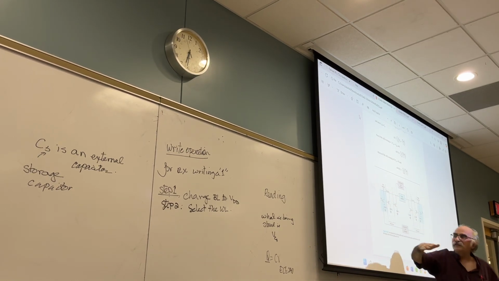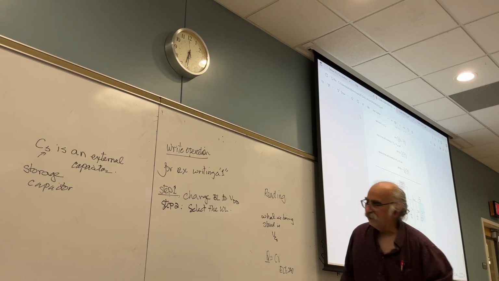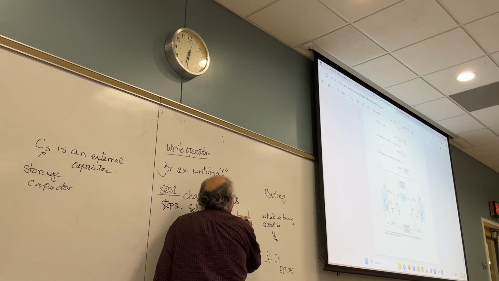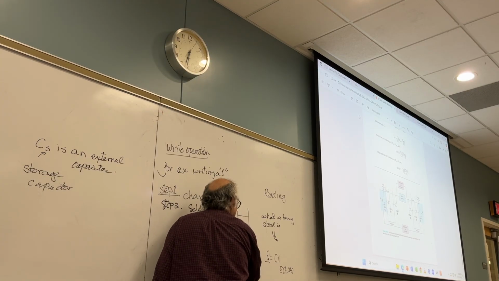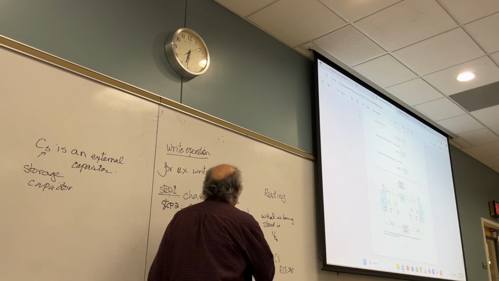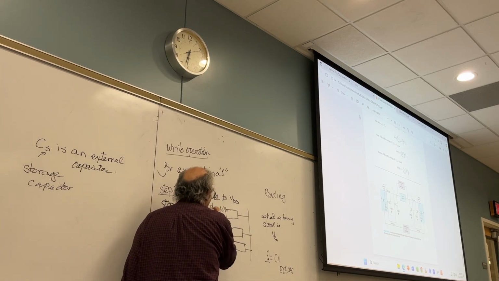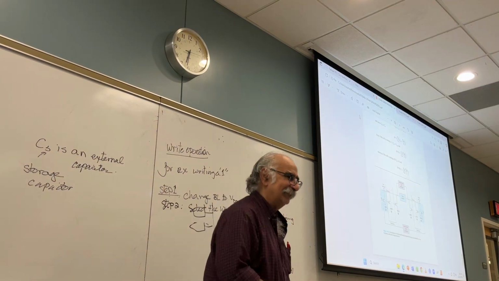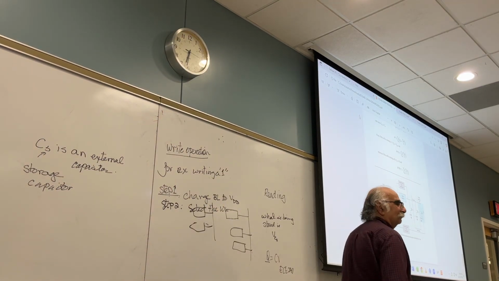Remember what the bit line consists of? This is a bit line. What do you see? Cell here, cell here. Another bit line, cell here, cell here, and so on and so forth.